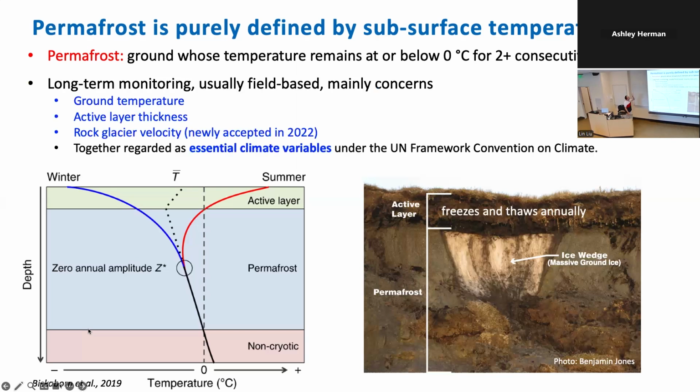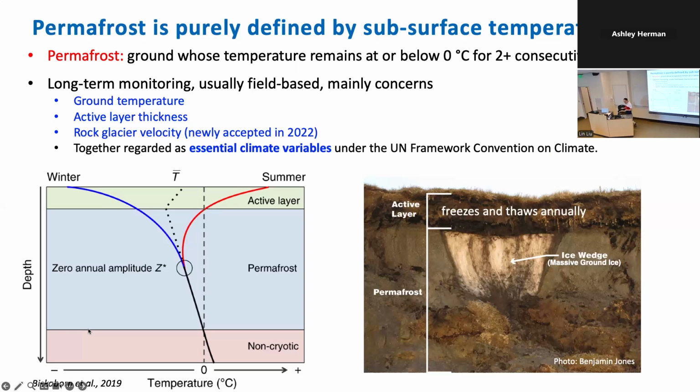Since, according to this definition, permafrost temperature is important, many long-term monitoring efforts, mostly based on field measurements such as boreholes, measure the permafrost ground temperature. Another important variable to quantify the change of frozen ground is the thickness of the active layer, because if the ground temperature changes, this thickness would change over time.